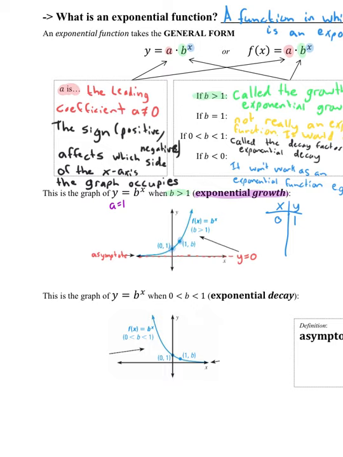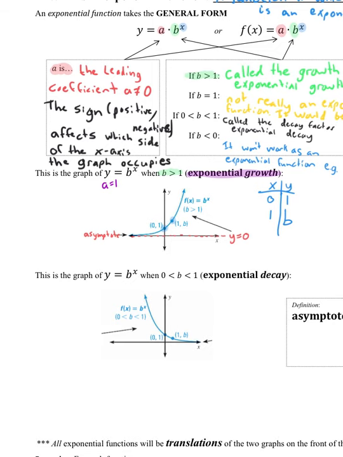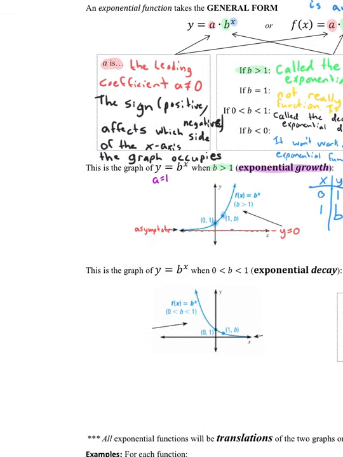If you plugged in 1, you'd get b to the first power, and b to the first power would just be b. That's where those two values come in. Hopefully so far that's not too crazy for us, but that's the idea for exponential growth. And it's always going to have an asymptote on the left side for exponential growth.